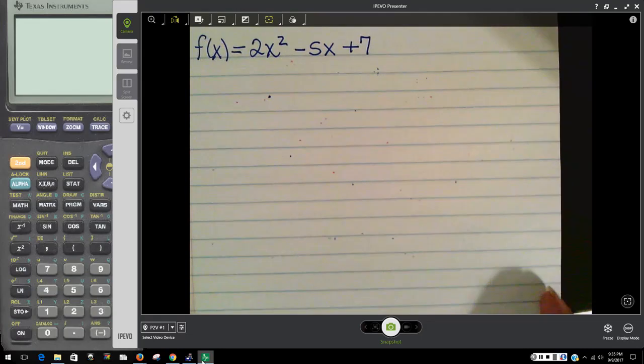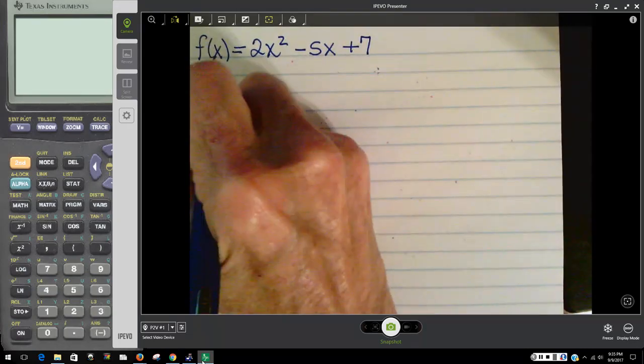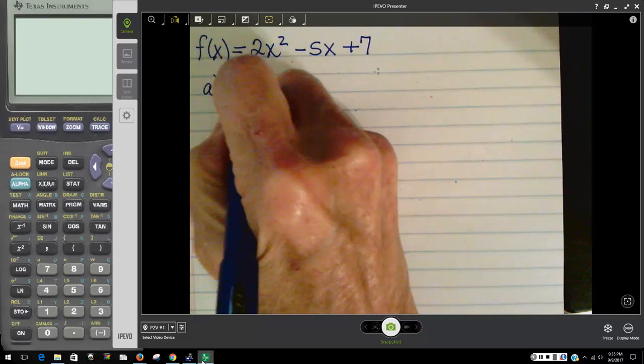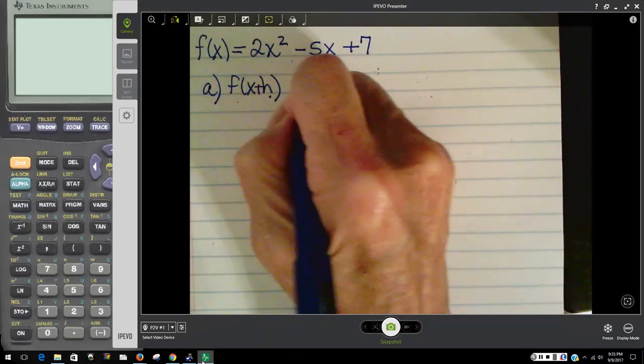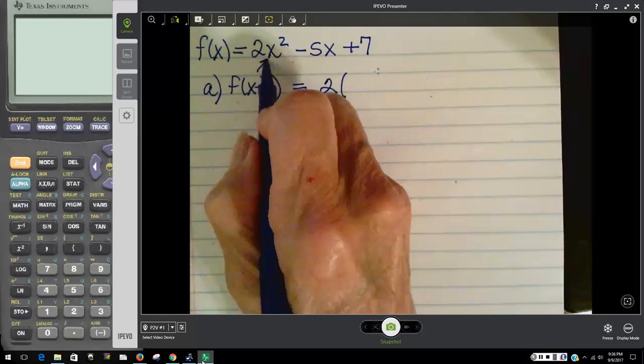So here I've written down the problem, and the first thing that we want to find for part A is f of x plus h, which is 2 times, again, we're replacing x with x plus h.